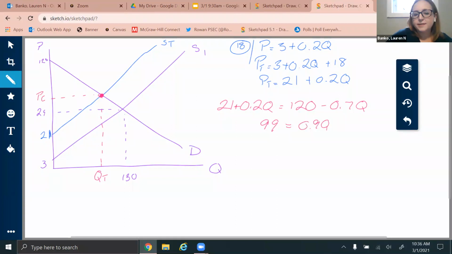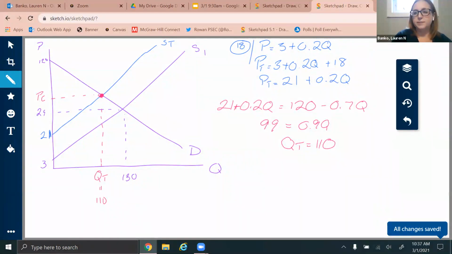This should be a positive here. I just put a negative at first. So the new quantity is 110 units. Again, it should be less than the original equilibrium because we now have this lower supply.